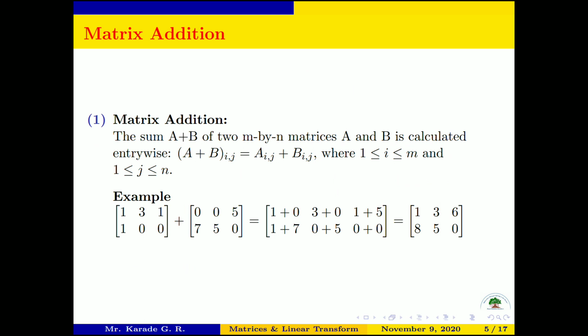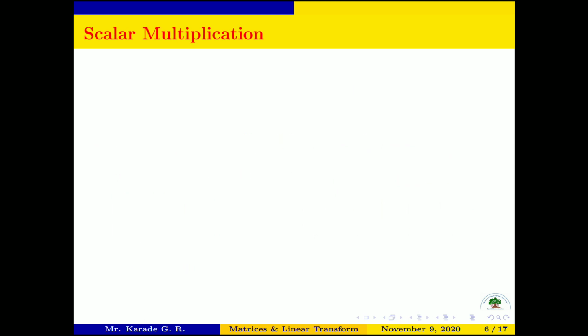Now go to the next operation on matrix, and it is called as scalar multiplication. So we multiply a given matrix by a real number. It is also called as a scalar number, any scalar.